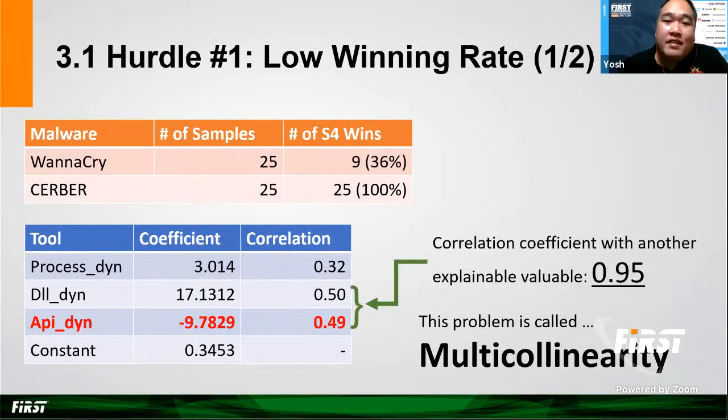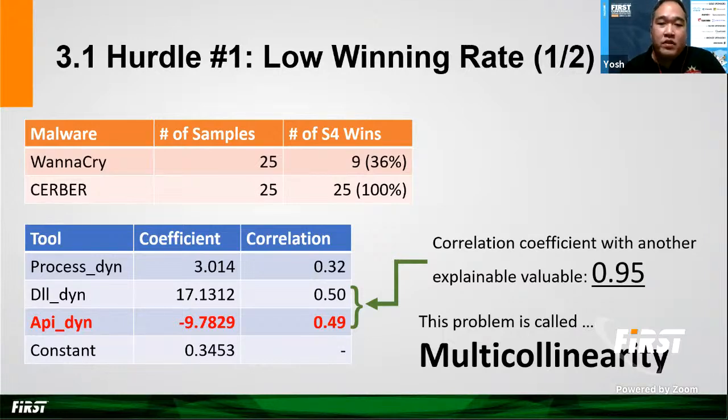Hurdle number 1 is a low winning rate. First, I used data from a test I did 3 years ago to see if I could successfully group them. As a result, one malware family did not recognize many samples correctly.